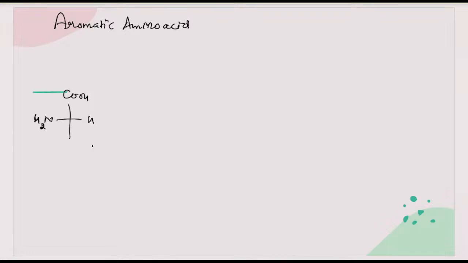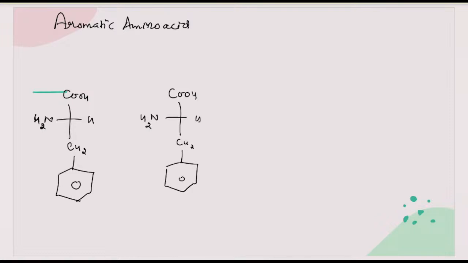So aromatic means in this case we are having benzene. So see this is CH2 and this is benzene. Done first part. Then next that is a COOH and then hydrogen, and this is NH2, and again the CH2 is a common thing, and again this is benzene, and this is OH. So benzene, then OH.